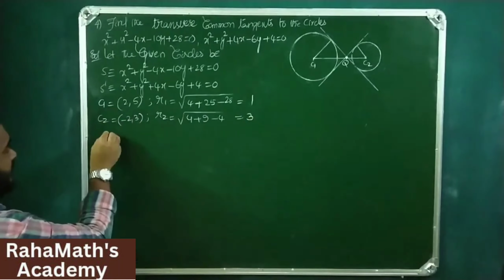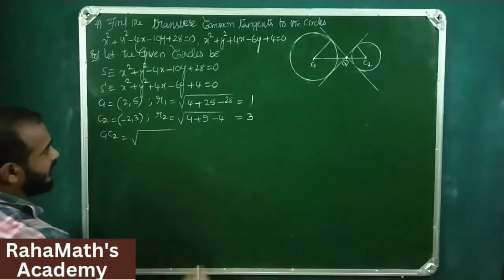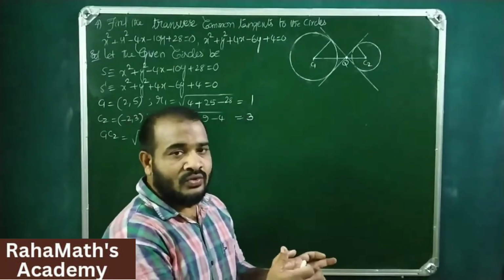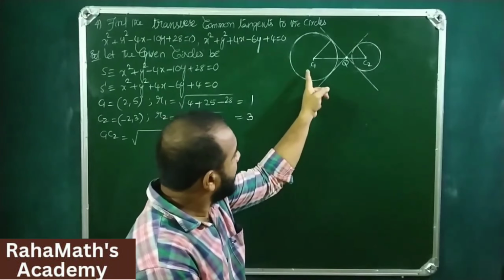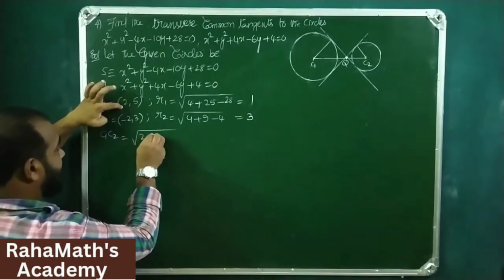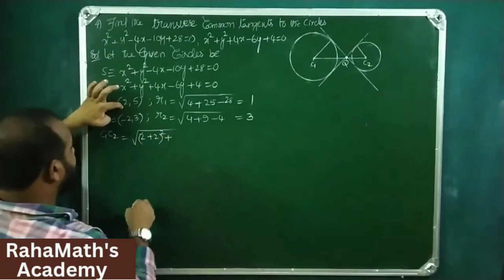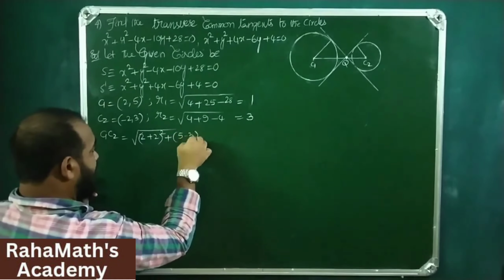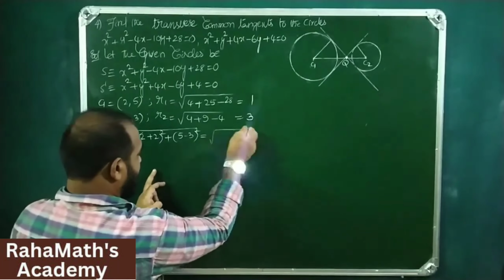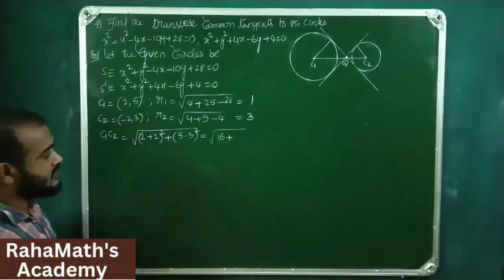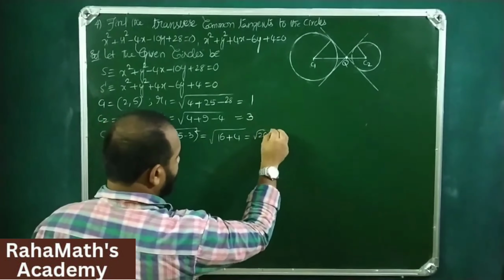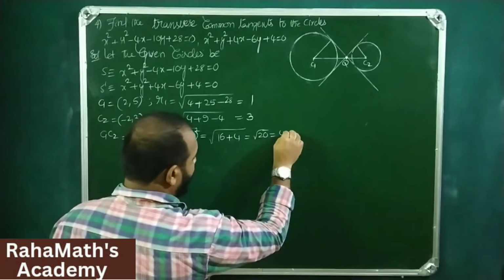And now what is C1C2? C1C2 is the distance between the two points, the line joining the two centers of the circles. It is root of (2 minus of minus 2) whole square plus (5 minus 3) whole square. This equals 2 plus 2 is 4, square 16, plus 5 minus 3 is 2, square which is 4. So root 20 is approximately 4 point something.